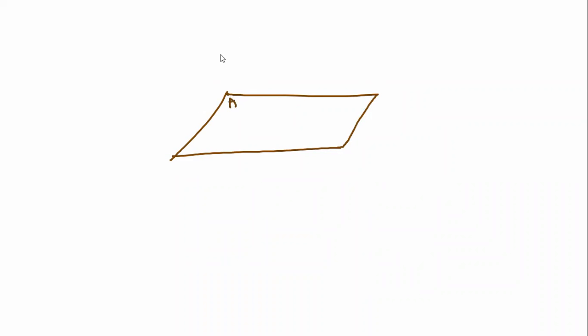Next, if the magnetic field is along the direction of the plane, this is that area. If it is like this, the normal drawn is perpendicular to it.